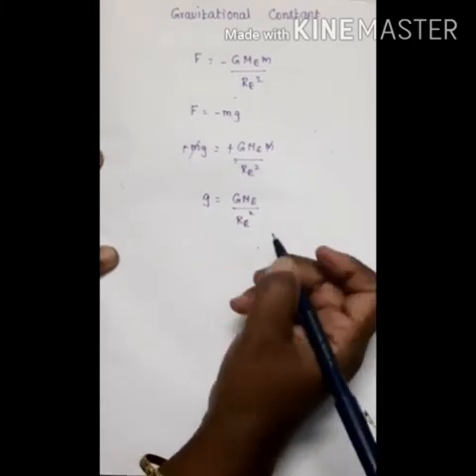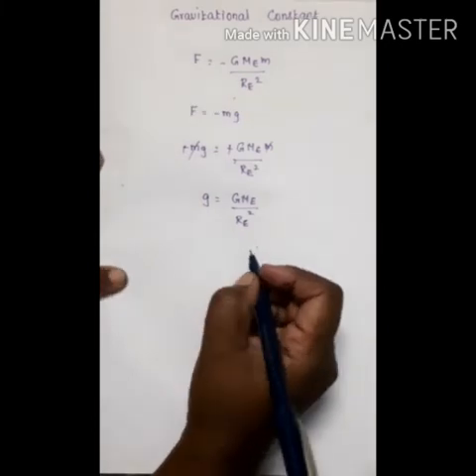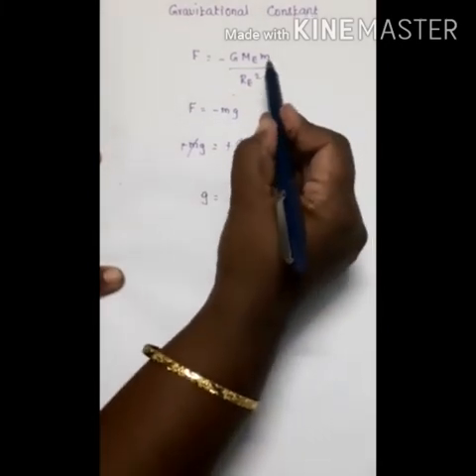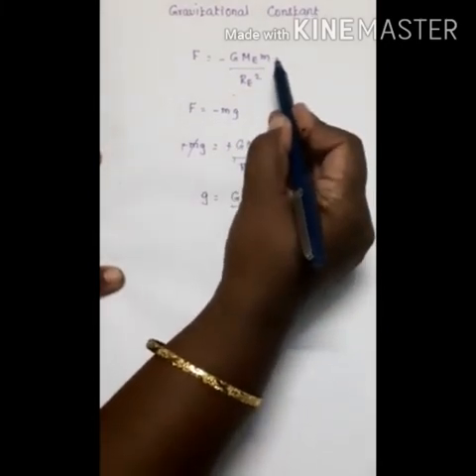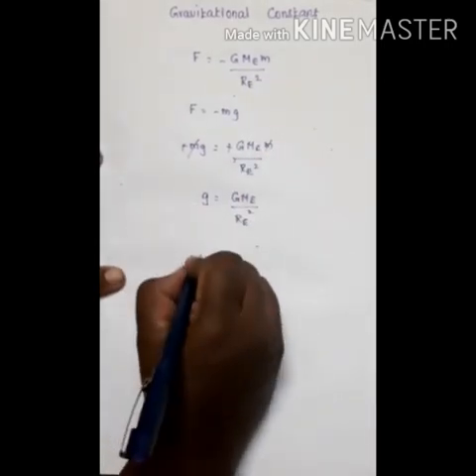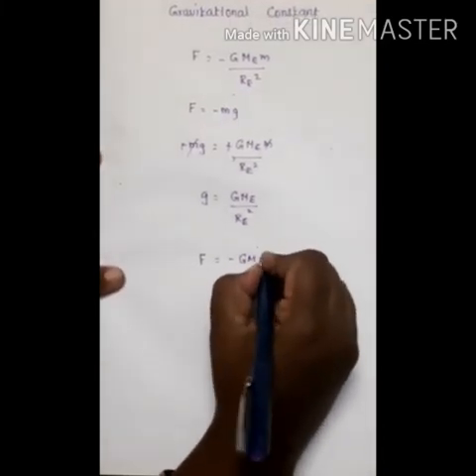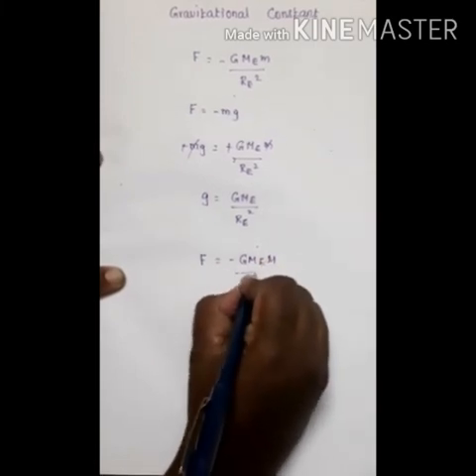Now, the force experienced by some other object of mass capital M at a distance R from the center of the earth is given by F is equal to minus of G M_E M by R square.